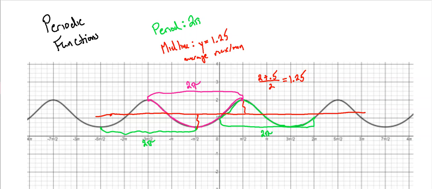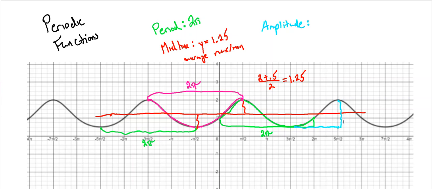Okay, and that leads us to the next part, which is the amplitude. Now, amplitude is half the total distance from max to min. So if I measure this out, the distance from the maximum to the minimum, the minimum is right over here, so I'm just going to horizontally draw it out.